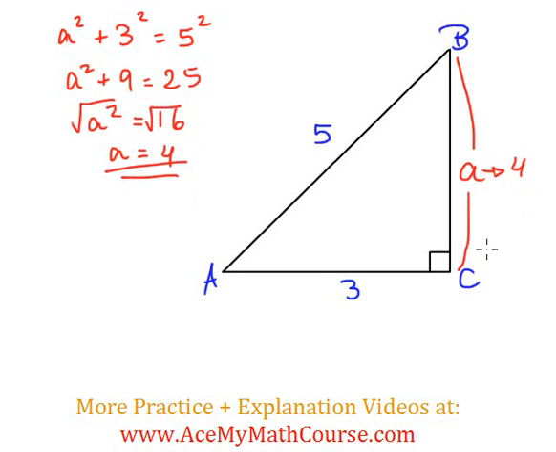Great. But now we need to figure out these two angles here, angle A and angle B. So now let's use trigonometry to figure that out. And we know SOHCAHTOA, our trig ratios. Let's use sine.